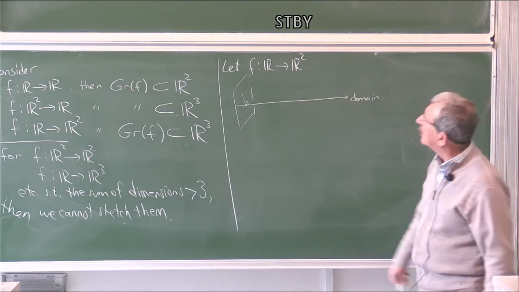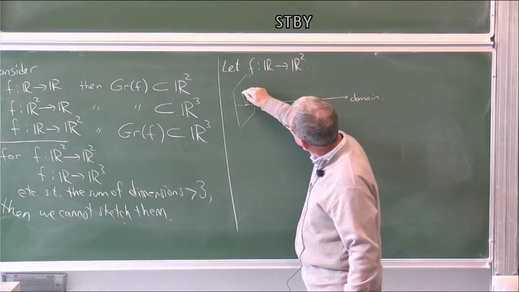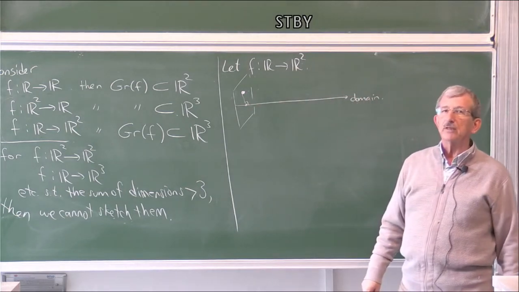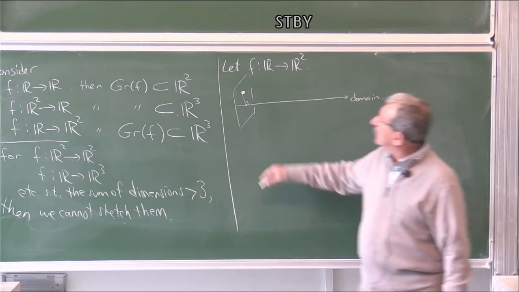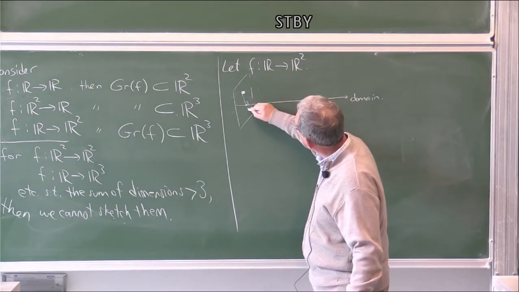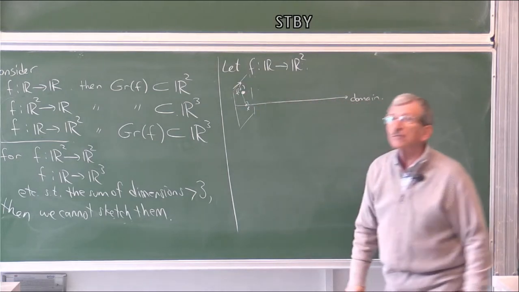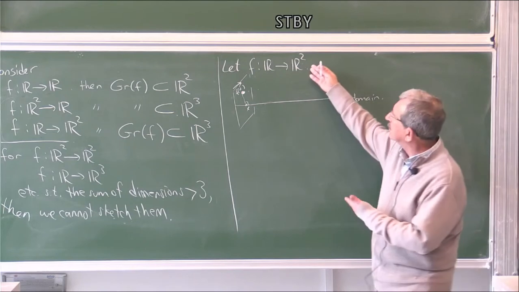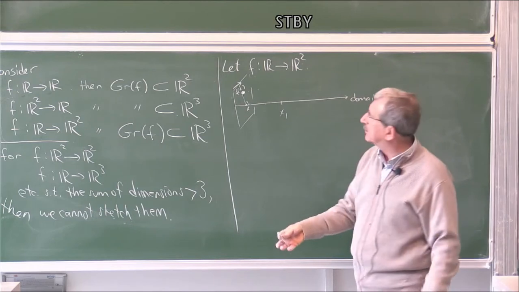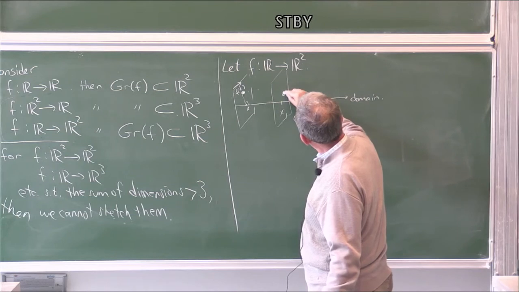So what happens? Given a real number here, this function gives us a point in R2, in the plane. So that's the value. Because of perpendicularity and because we show graphs, it will be on top of x. So this is f of x, but it is a vector now, because it's in the plane. For a different x, the same thing happens. On the perpendicular plane, we have some point.